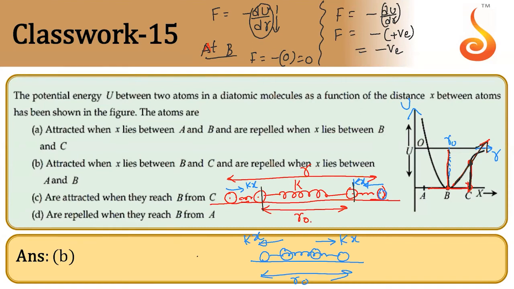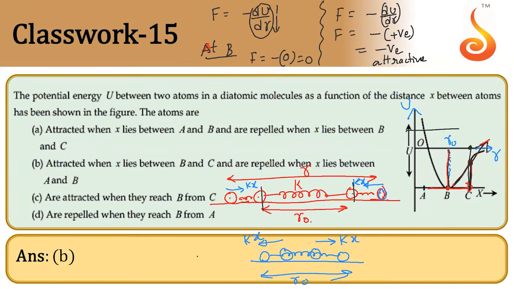Children, always remember, if the conservative force is negative, it is attractive in nature. So at point C, what is the interatomic separation? Beyond the mean distance or less than the mean distance?